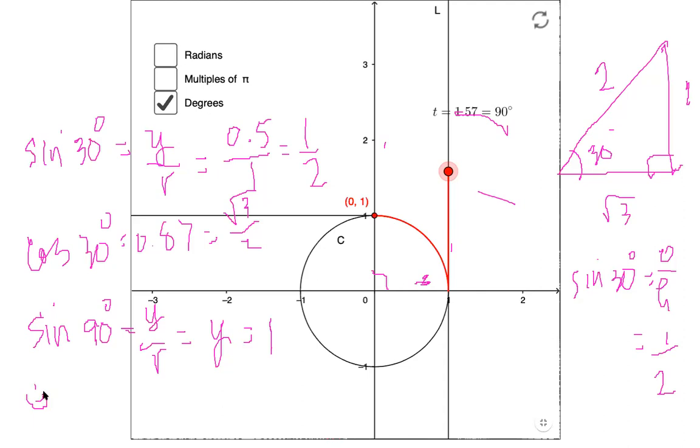Okay, how about cosine 90 degrees? This is x over r. However, it's a unit circle, so it's just x. So the answer there is 0. Can you check? Some of you might be getting undefined or math error, something like that. Sir, opo, 0 po lumabas. 0 lumabas, di ba?